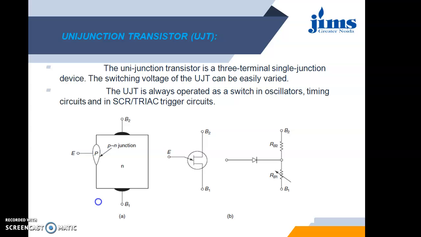Wherever the emitter terminal is connected to this N-type substrate, the resistance of this channel is divided into RB1 and RB2, where RB1 is a variable resistance with respect to RB2. Figure A shows the construction, B shows its symbol, and C shows its electrical equivalent circuit.